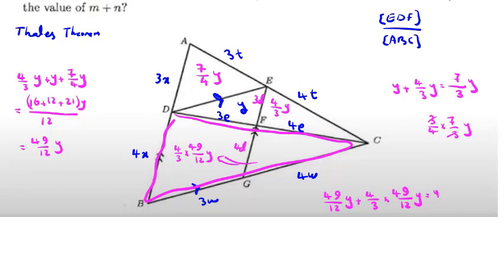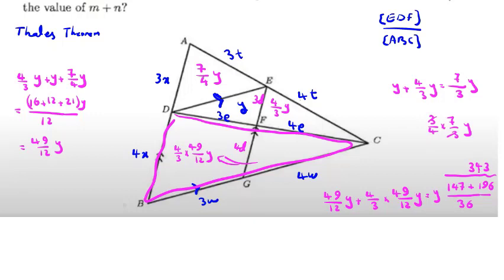If we add up and factor out y, because it is 12, 3 times 49 is 147, and 4 times 49 over 36 is 196, so it will be 343 over 36.